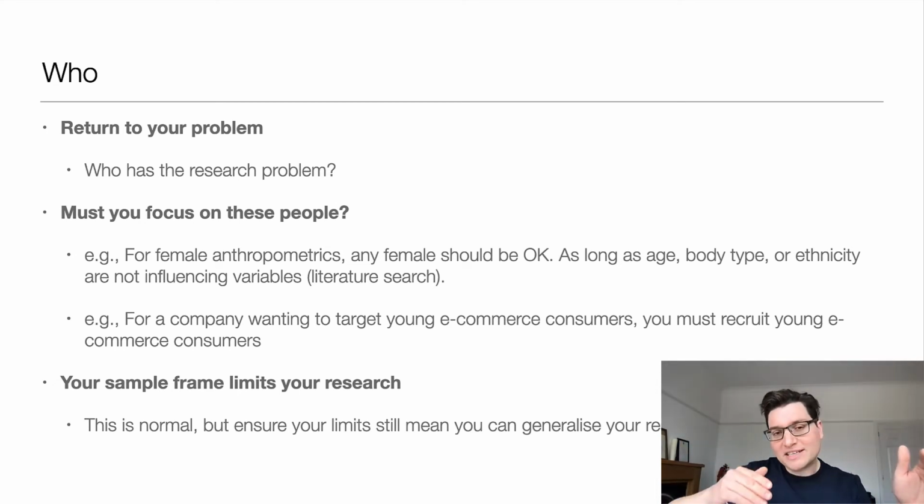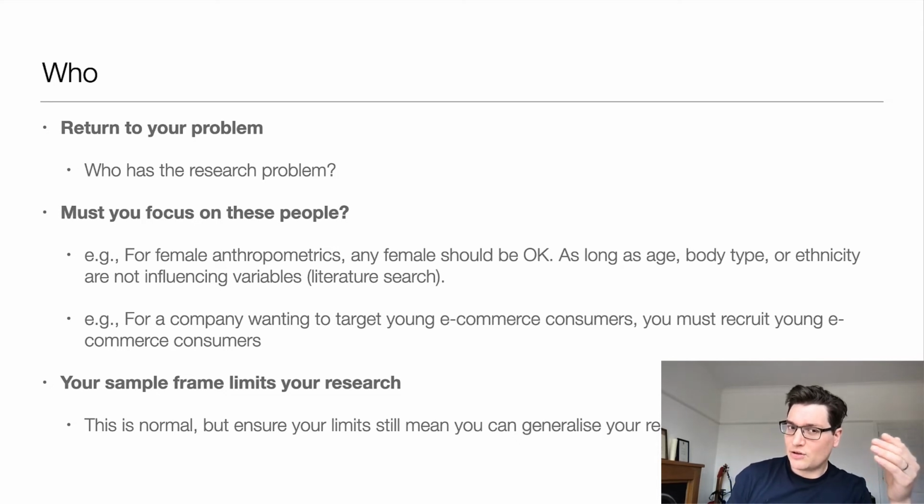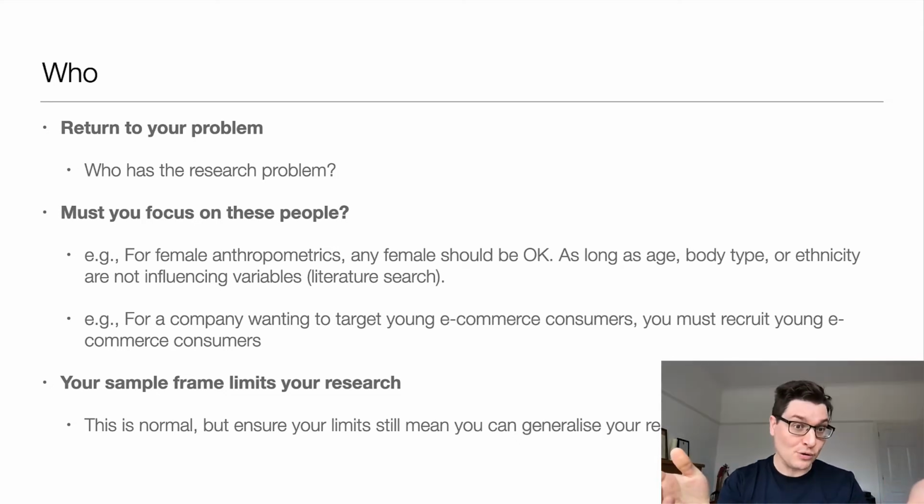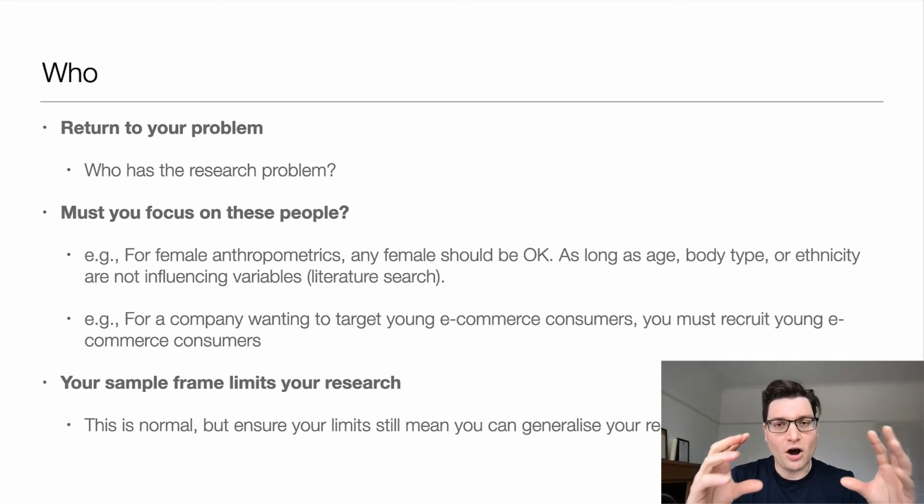If you then went out and recruited people who are over 40, they're not really young people anymore, so their views don't generalise to the people that you have a problem with. You want to recruit young people. University students could be a good group of people to interview. So focus on the people that your question relates to. Make sure you're sampling the right people.